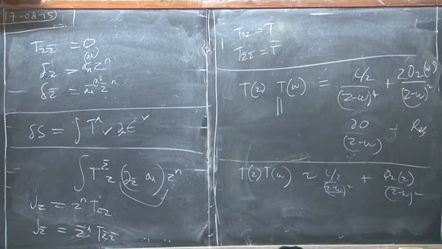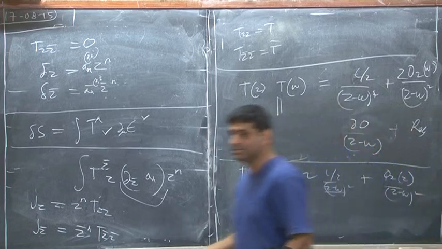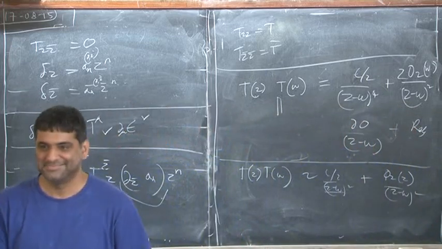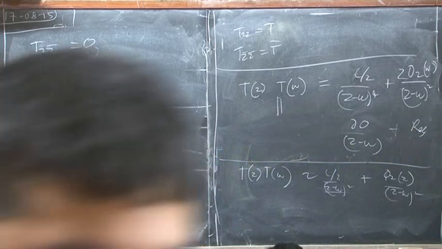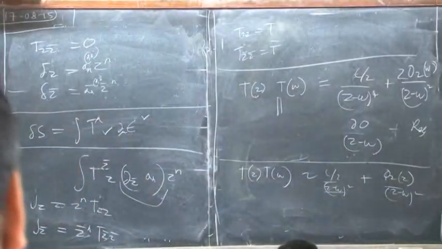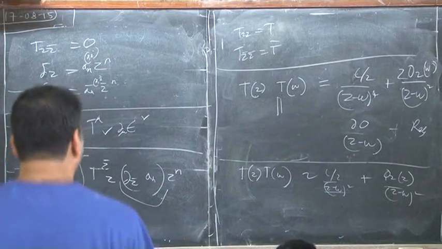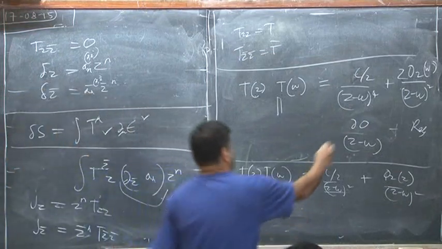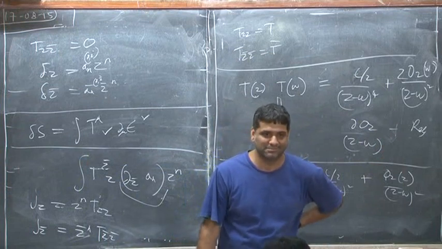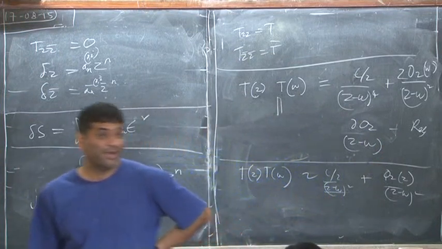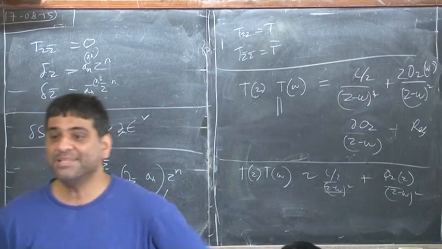Okay. And then the operator product expansion of T with T on general grounds must take this form, with the same O2. Now what can we say about O2? O2 must be T. How do we see this?